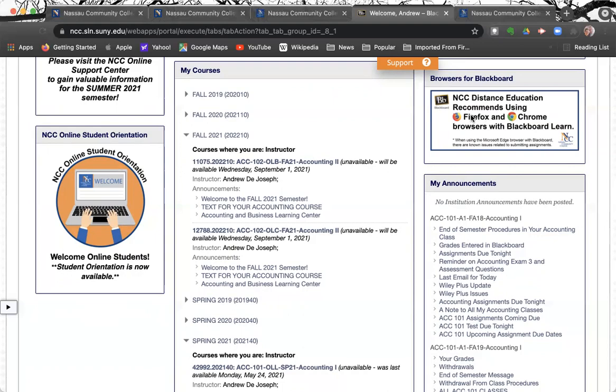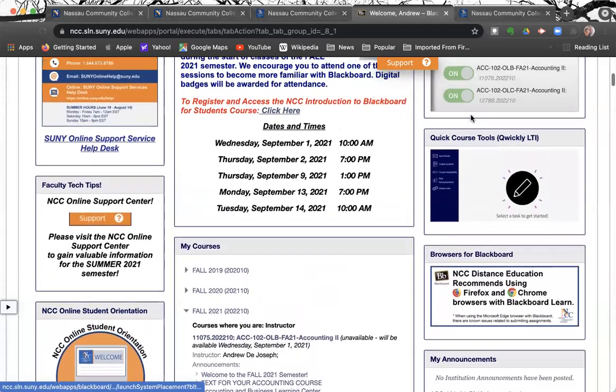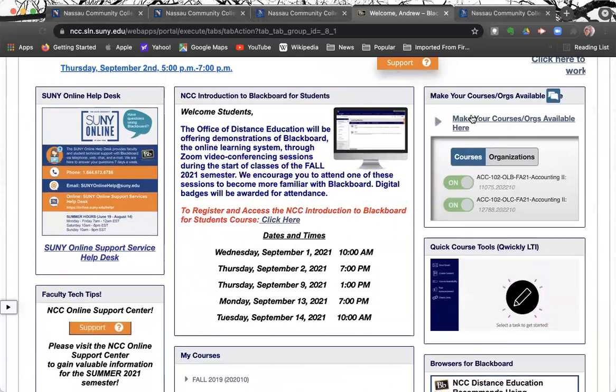Another important thing, they have orientation. So if you look here, they give you a schedule of days and times where you could take a short course. I don't know how long it is. I can't imagine it's more than an hour, where they'll show you how to use Blackboard. And they will give you what's called a digital badge if you go to the seminar.